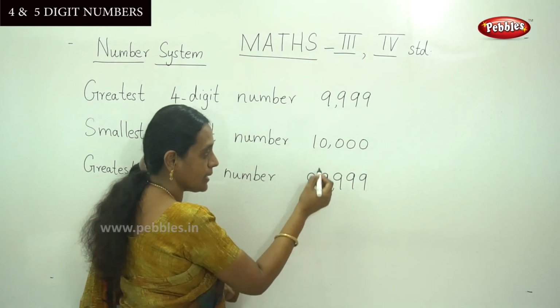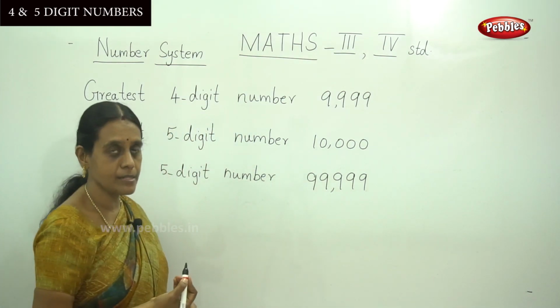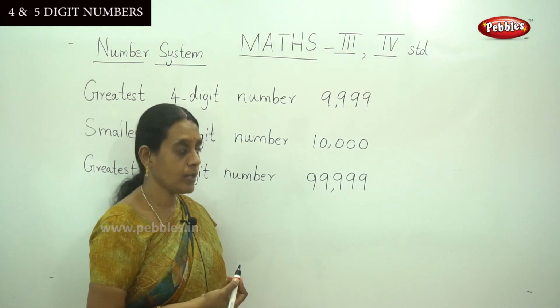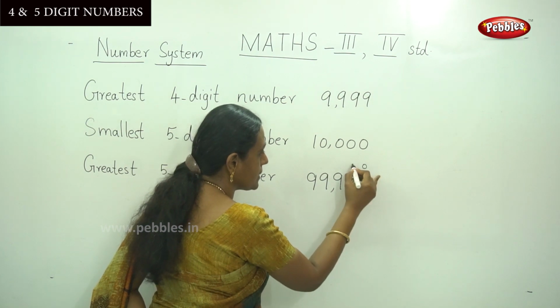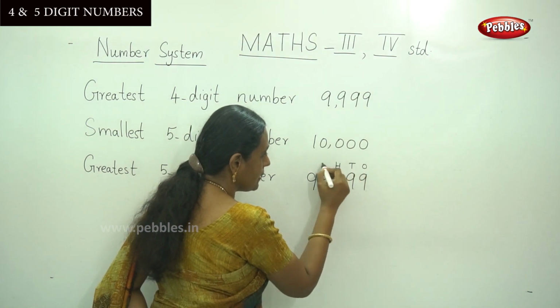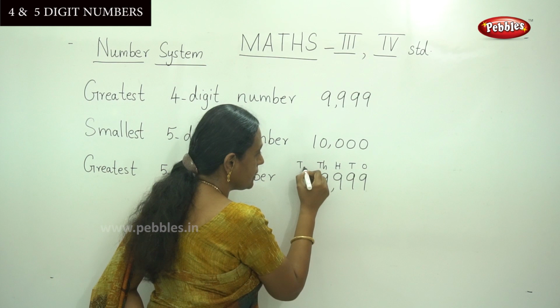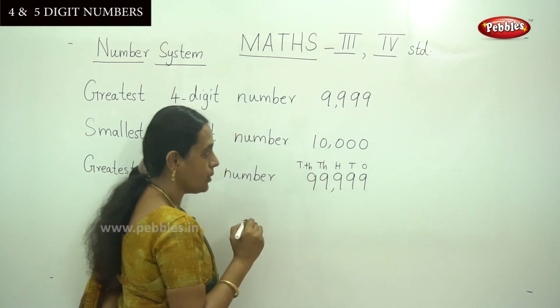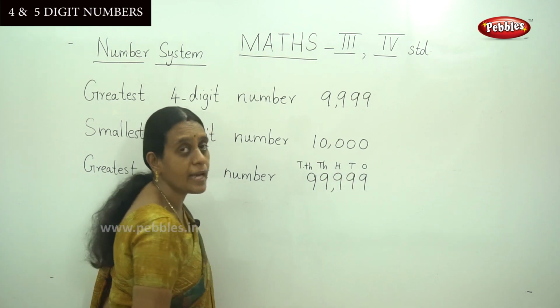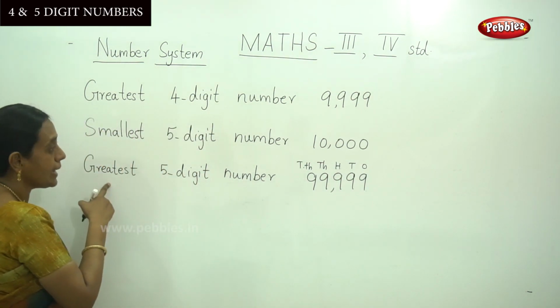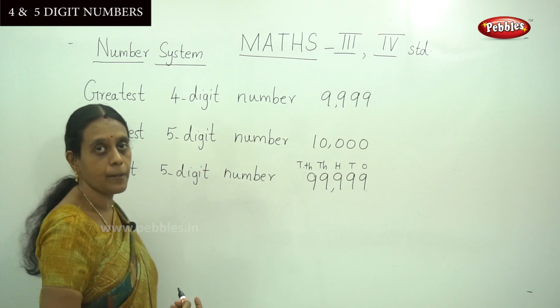So 99,999. How to read? You simply write down this number: ones, tens, hundreds and 1,000, 10,000. So 99,999 is our greatest 5-digit number.